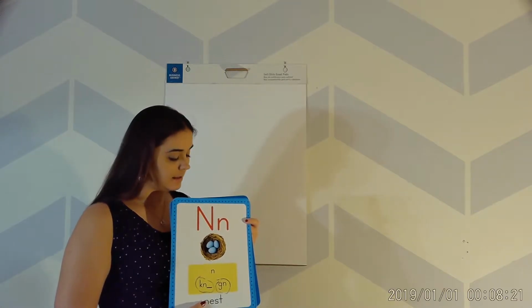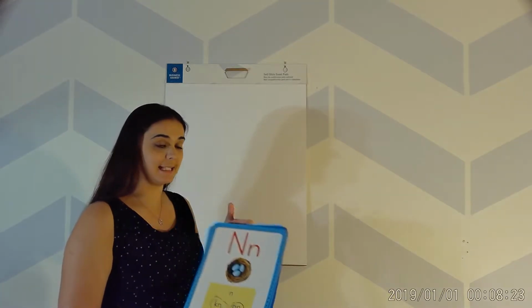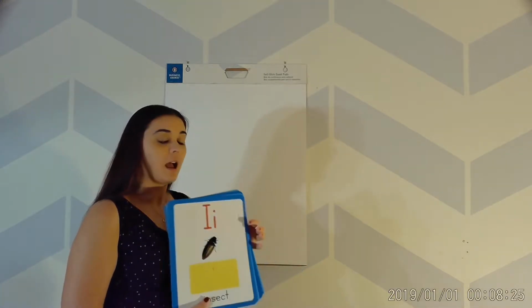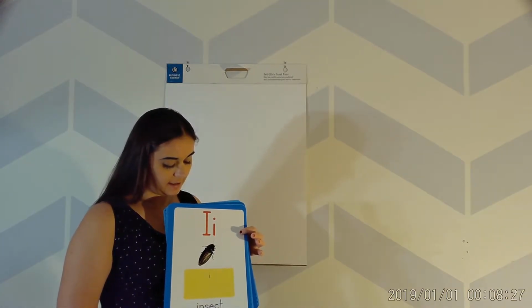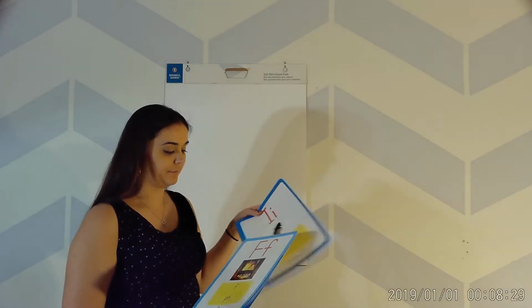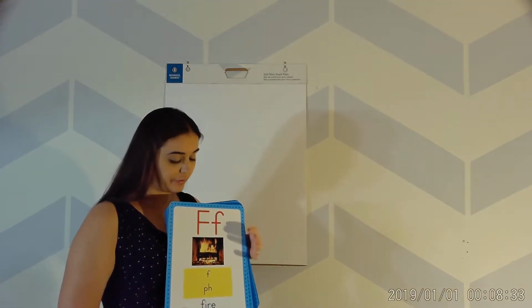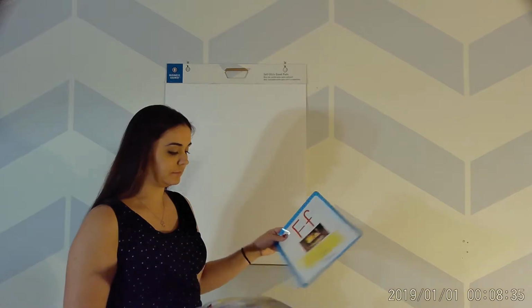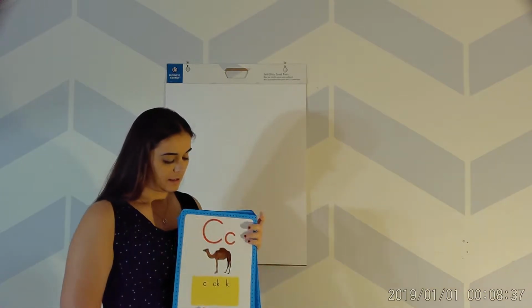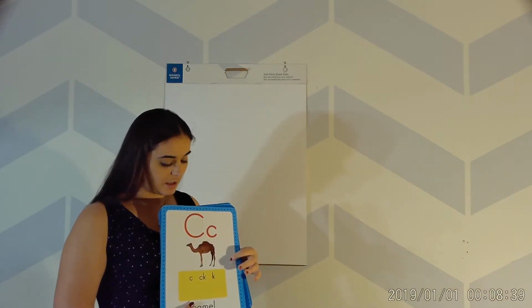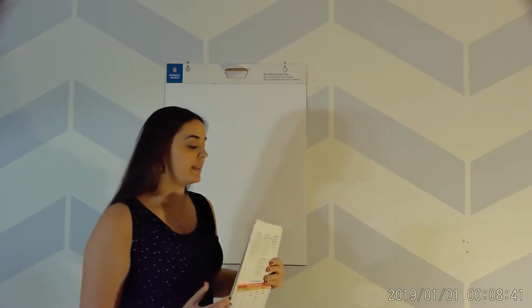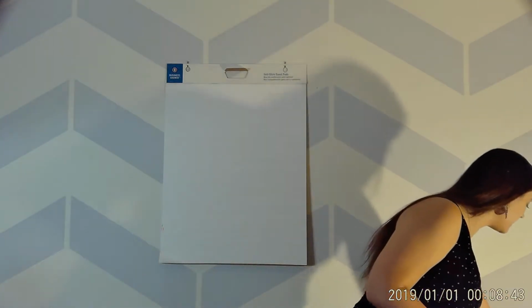N says n, nest. I says i, insect. F says f, fire. And C says k, camel.